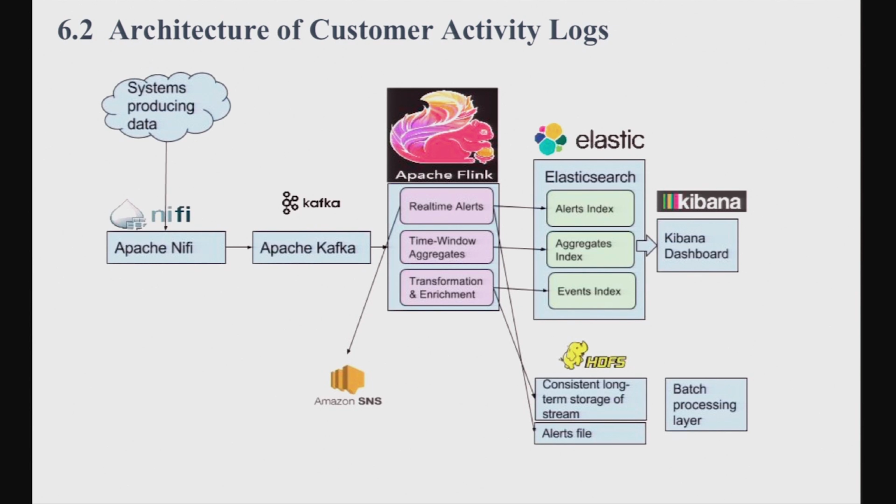So this is the architecture we implemented. As you see, there are so many open source tools we stitched together to make an end-to-end solution. Going from the left here, we have systems producing data, and we collect using something called Apache NiFi. It's an optional tool. It doesn't have to be there.